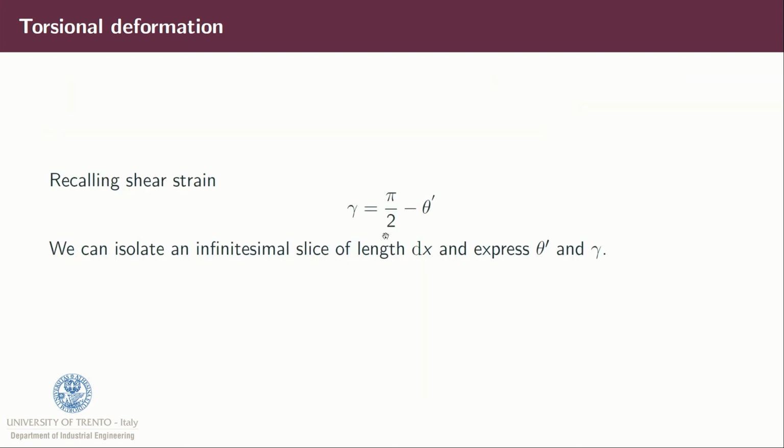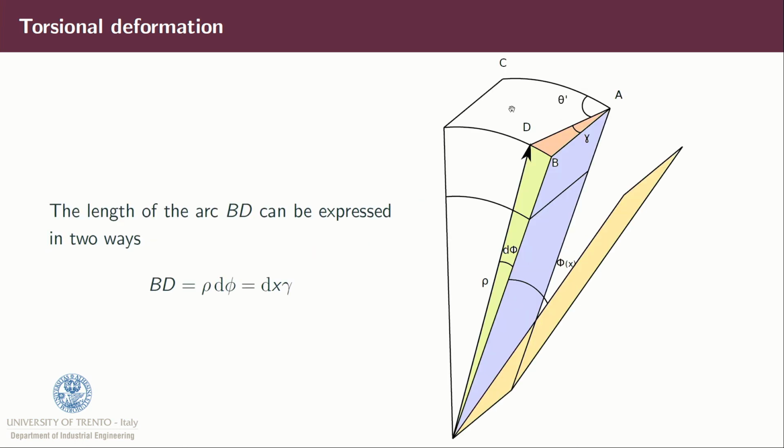The definition of shear strain is gamma equal to pi half minus theta prime, and we can isolate an infinitesimal slice of length dx and express theta prime and gamma. So this is our infinitesimal slice of length dx, and we can see that we can express the arc BD in two ways, for example, rho times d phi and dx times gamma.